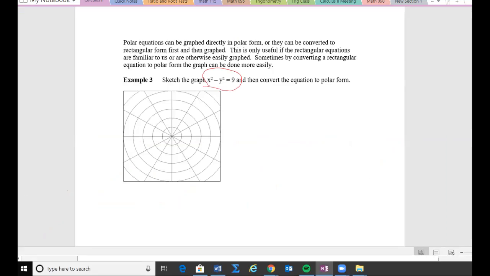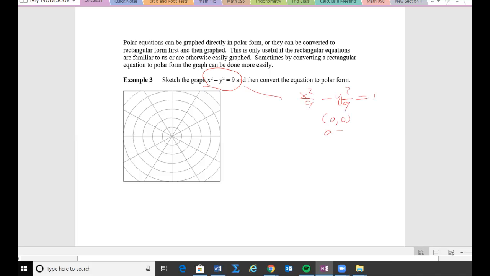So I don't have to use this same grid here, but it's here, so I guess we could. Let's look at this. x squared over 9 minus y squared over 9 equals 1. So we kind of have a square hyperbola here. The major axis is along the x. We have center at 0, 0.